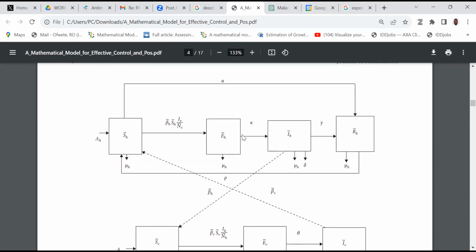And you'll see in some publications, I'm not sure if I can draw here. Yeah, I think I can draw. You'll see in some publications, this is an S, this is an I, this is an R, but there's a dotted line that comes like this. I'm not sure if you've seen that.